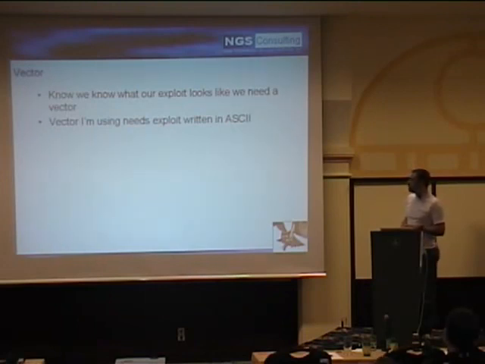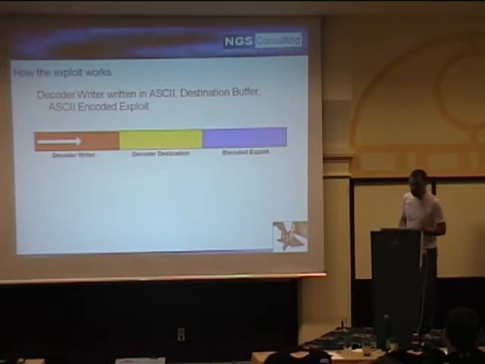The vector I'm using here happens to require that the exploit be written in ASCII, so this needs a bit of explanation. The exploit I'm going to be demoing, because it has to be ASCII, I've written a decoder, I've written the decoder writer in ASCII.